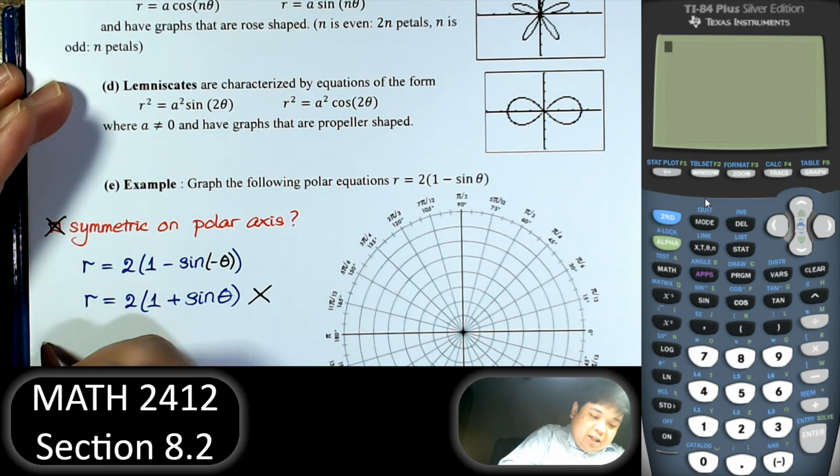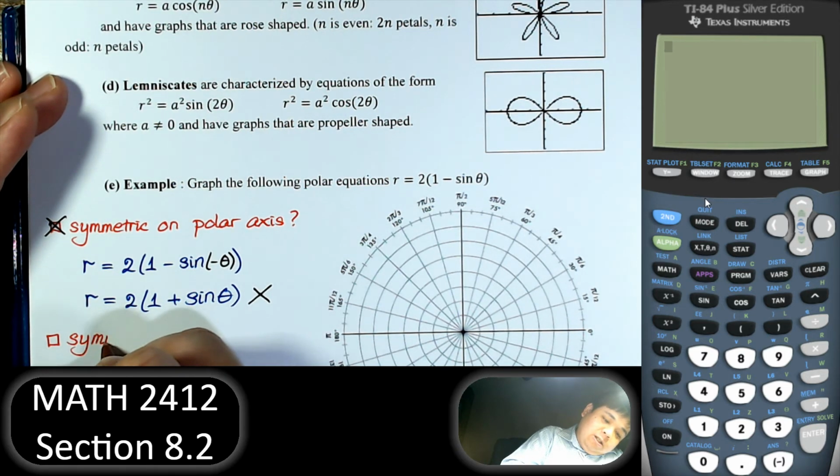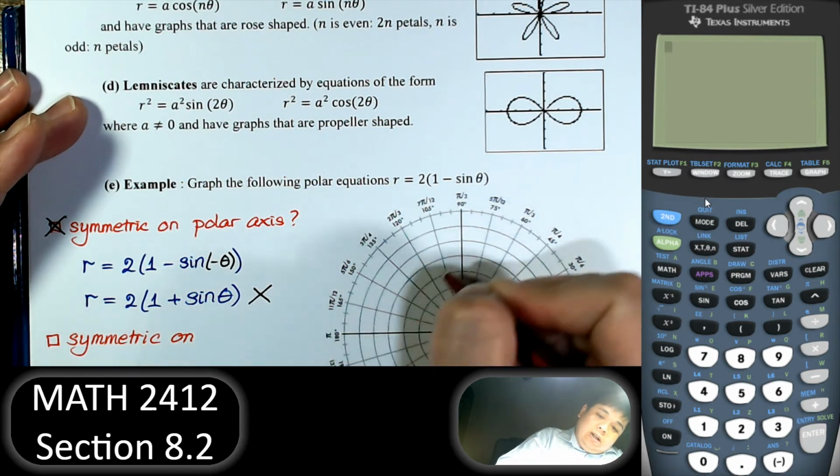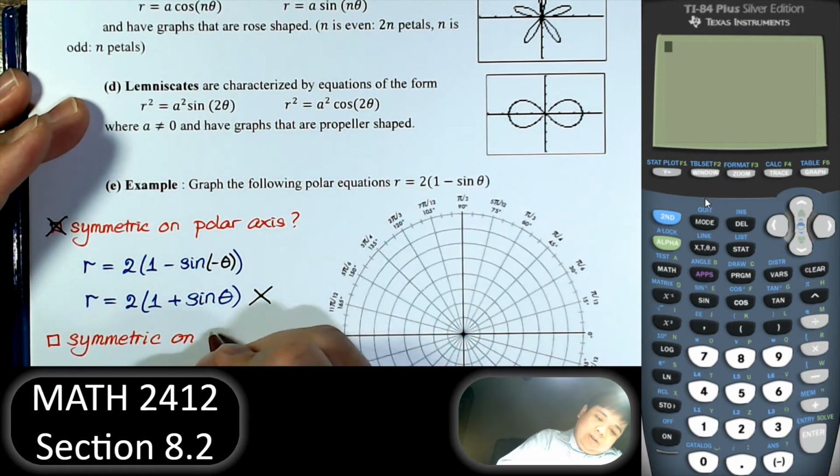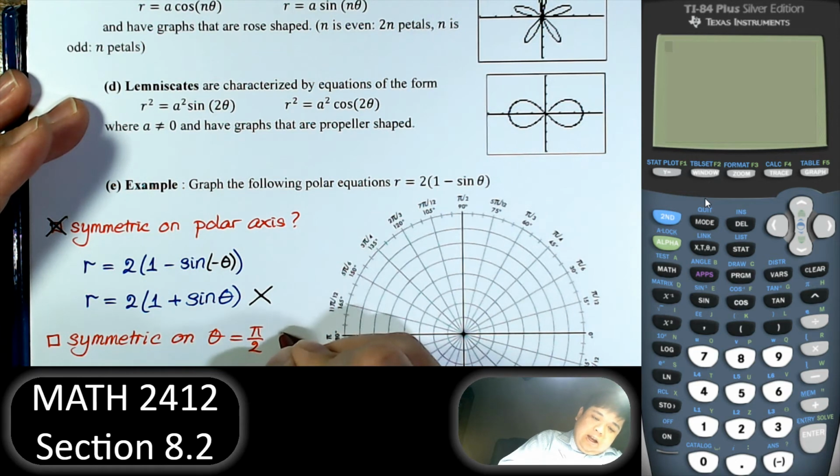Right, next, how about symmetric on the pi over 2 axis?